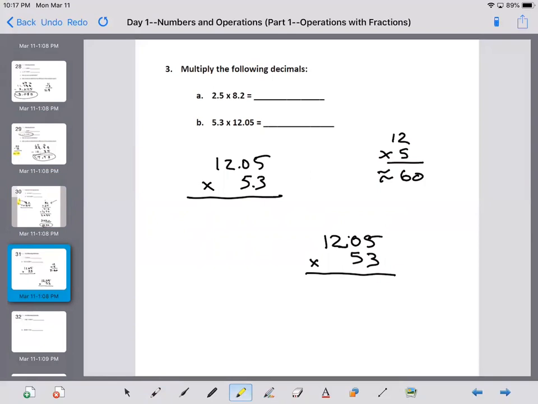So that means this number needed to be divided by 100 or divided by 10 twice, and 53 needed to be divided by 10. So ultimately we are dividing by 1,000, which is 3 place values that will move our decimal point. So we're going through our standard algorithm.